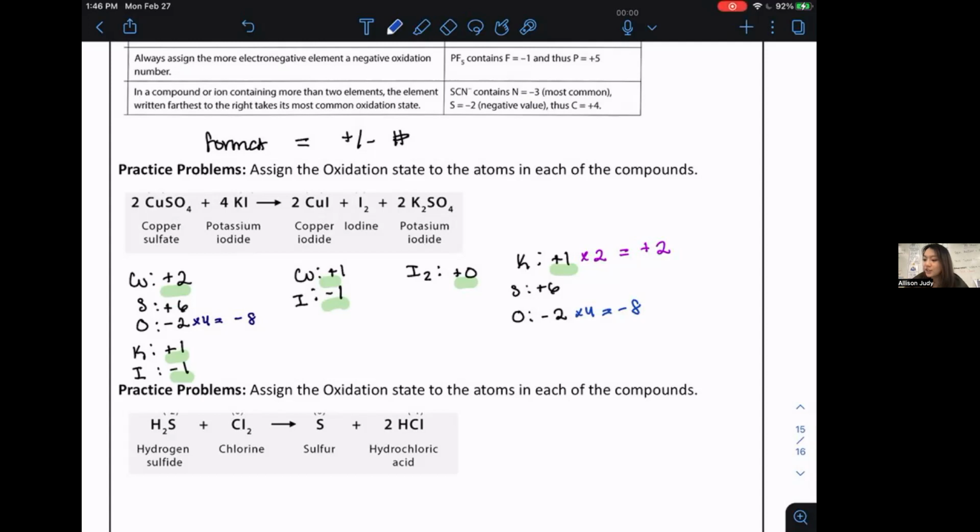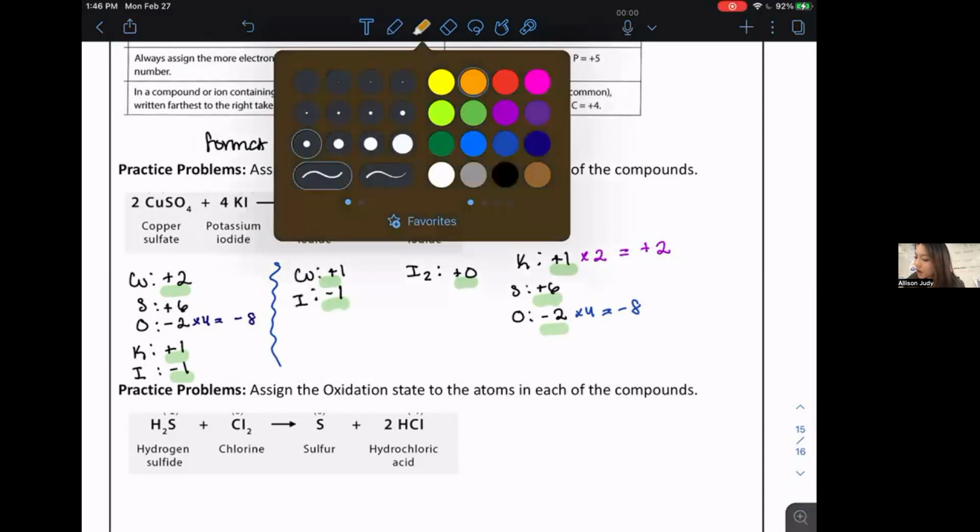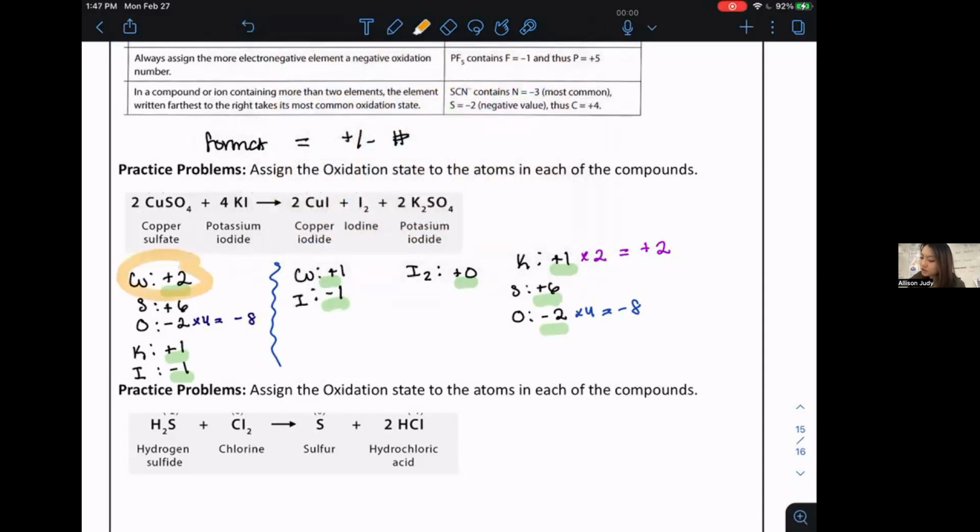Now we look at our oxidation states for each individual atom. And we say, from reactant to product, what changed? Copper changed from +2 to +1. Sulfur does not change. Oxygen does not change.